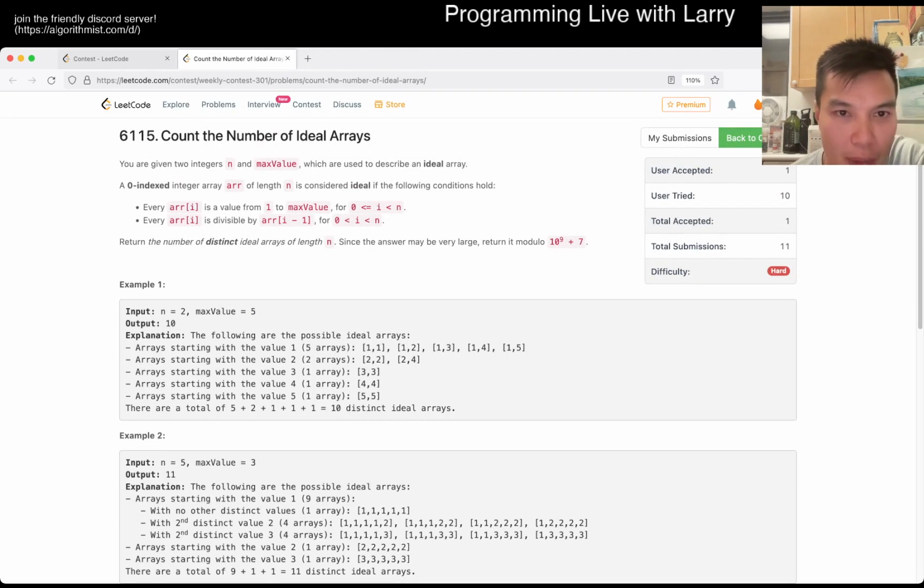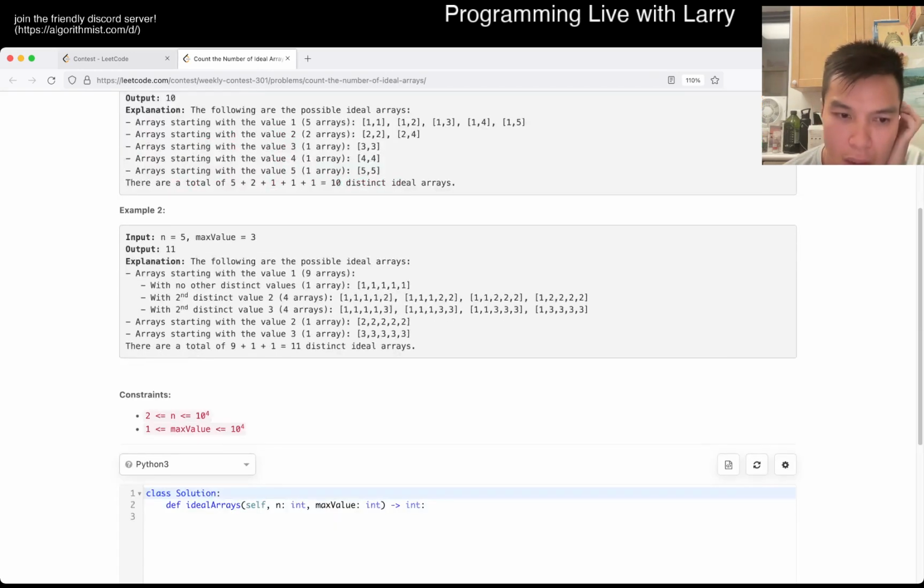Okay, you're given N and max Y. Someone already got this. Y from 1 to divisible by the last one. Okay.